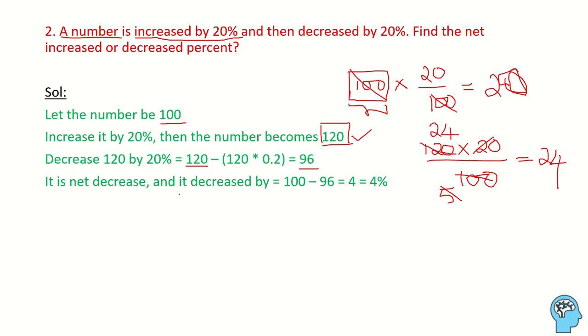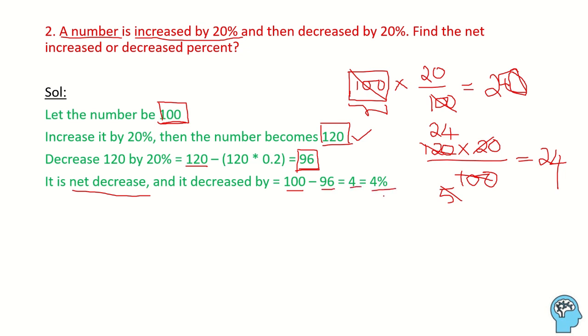So the number has decreased from the original, that is from 100 to 96. So the net decrease is 100 minus 96, that is 4.